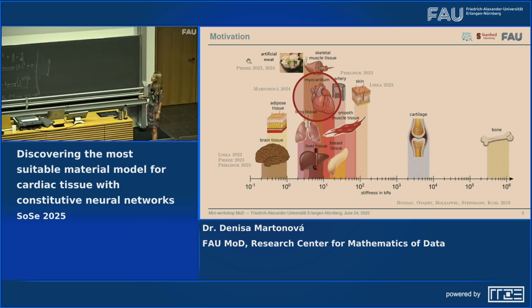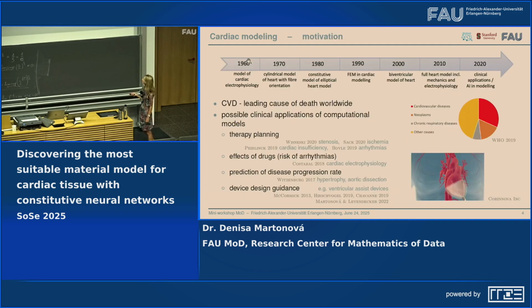In my talk, I will focus on cardiac tissue, which is quite complex. It's orthotropic tissue, and I will show you how we could discover the best model for this. Why are we doing this? It's quite important because cardiovascular diseases are the leading cause of death worldwide.